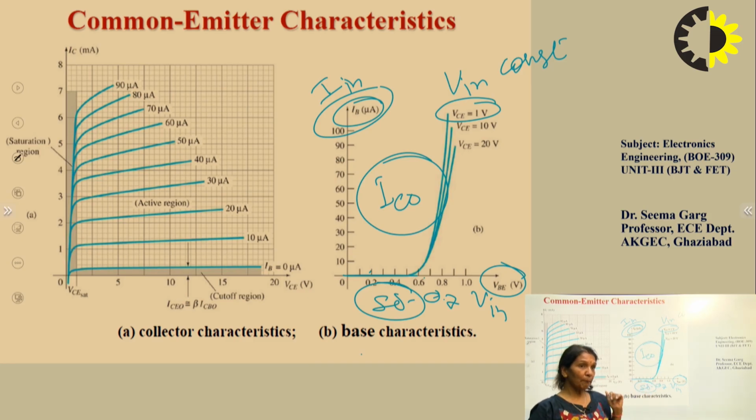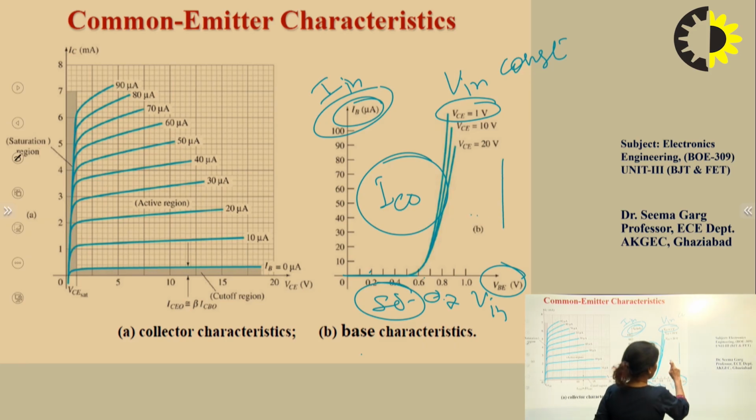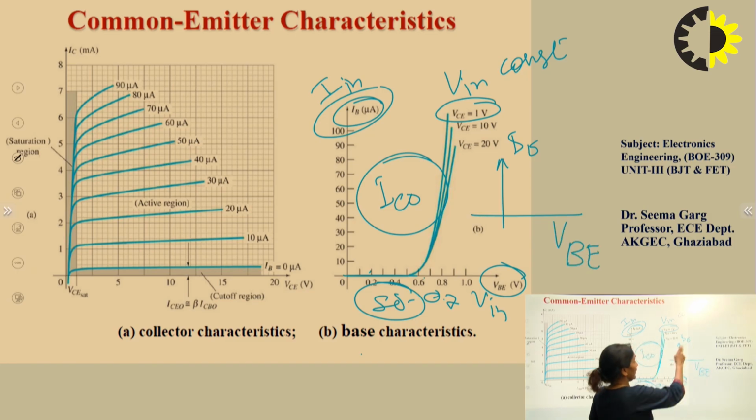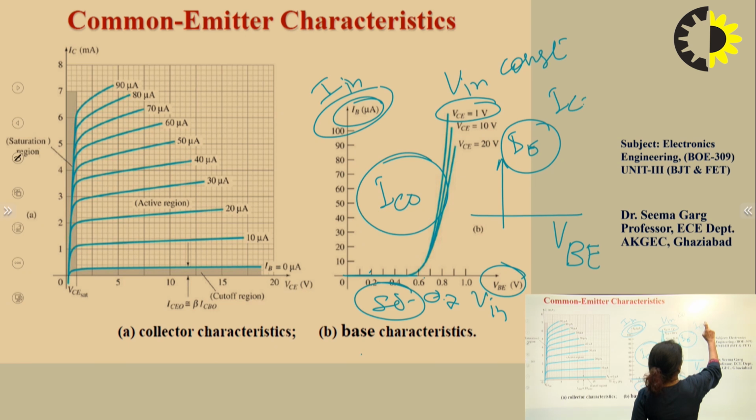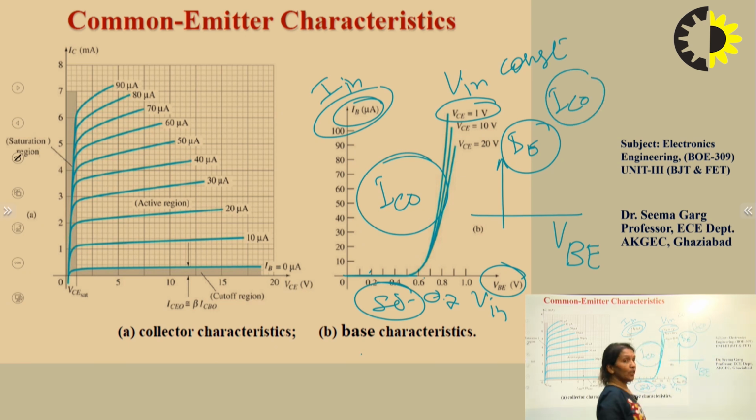But if you compare this input characteristic with the common base characteristic, you can recall that in case of common base, the characteristic curve was between IE and VBE. Because the value of IE is very, very high in comparison to ICO, the effect of ICO is negligible in common base.